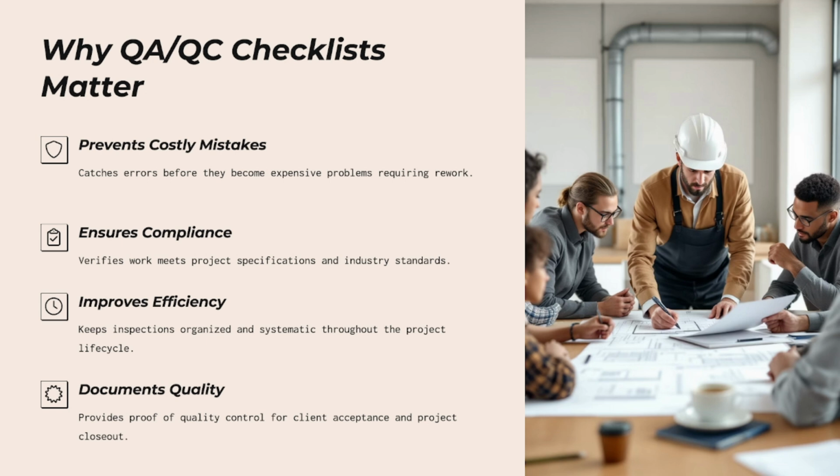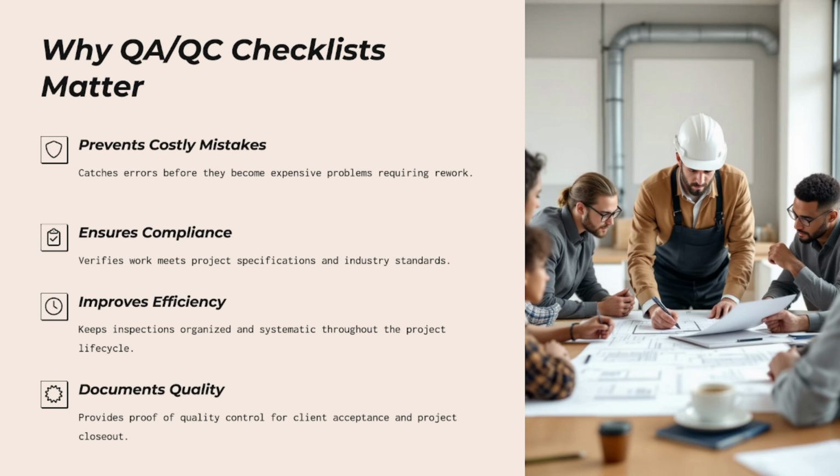The third one is improve efficiency. Keep inspections organized and systematic throughout the project life cycle. Whenever you are doing inspection, testing, commissioning, or handing over, these inspections will be organized through the checklist, and it can be systematic throughout the project.